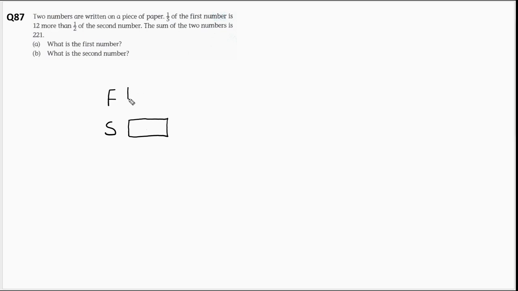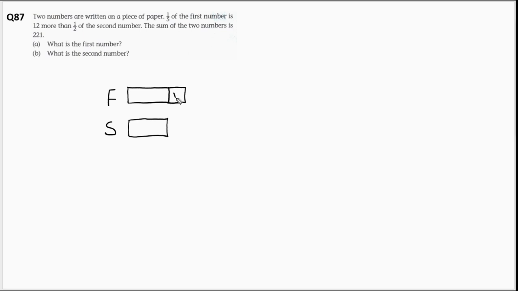What we're told is that the portion of the first number is 12 more than this. So for the first number, I'm going to draw what's the same first, and I do that because I can see that then this part is equal to this part. At the moment I've drawn them equal. But the first number has 12 more, so I'm going to add a little extension here.